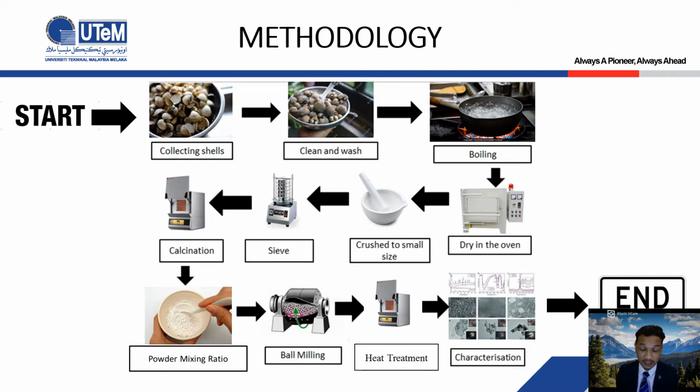We start with collecting shells, clean and wash, boil to eliminate contaminants from the cockle shell. We dry in the oven, crush to small size using pestle and mortar, and the powder is sieved to get 70 micron using a sieve shaker.